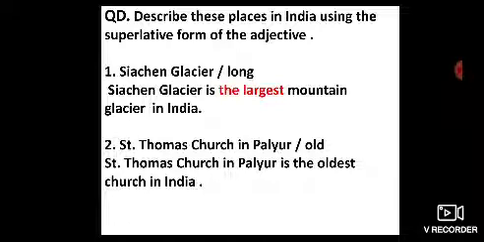Now you have to use the superlative form of long. So Siachen Glacier is the longest mountain glacier in India. Now you will say where it is given in India. In the above one it is given that you have to describe the following places in India. So everywhere you can use in India or country.